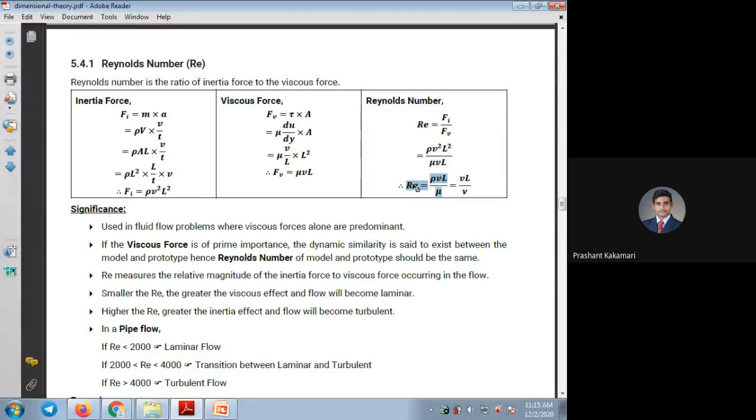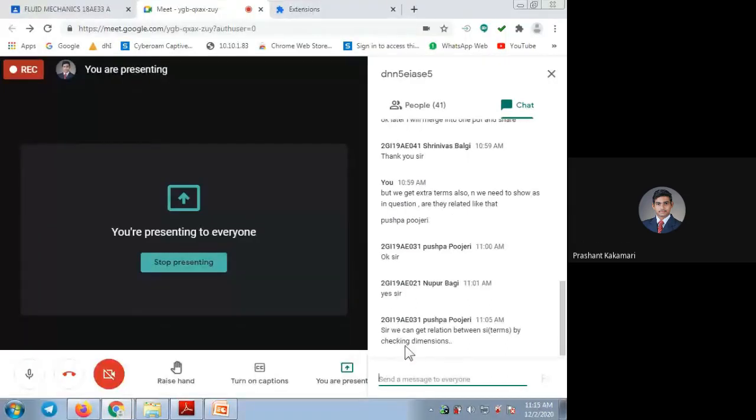Is it clear to everyone? Reynolds number is understood or no?